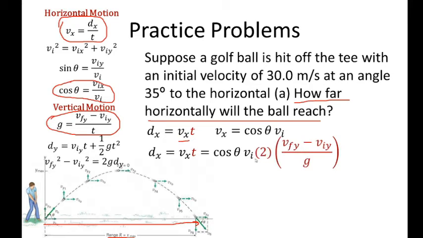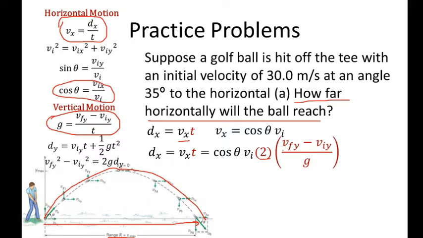Now, since we are asked for the total time, we need to multiply it by 2, because the time computed using this formula a while ago is only up to t up. t down is just equal to t up. So we might as well multiply t up by 2, and that is now the total time for the golf ball to reach the other side, before it touches the ground after it was hit.